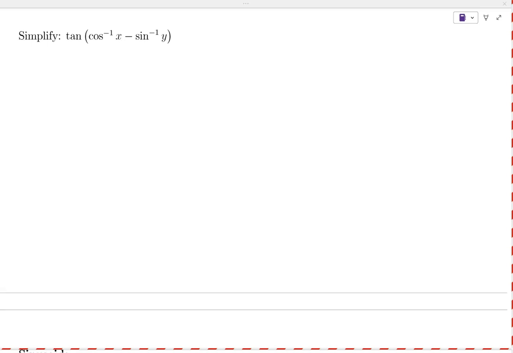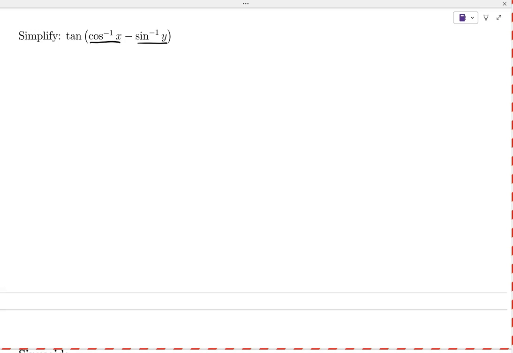Notice here, again, we've got an inverse cosine and an inverse sine. It actually wouldn't even matter if I had different arguments inside those functions. I can think of those as angles, right? Because when we're doing inverse trig functions, we think about putting in a number and getting out an angle.